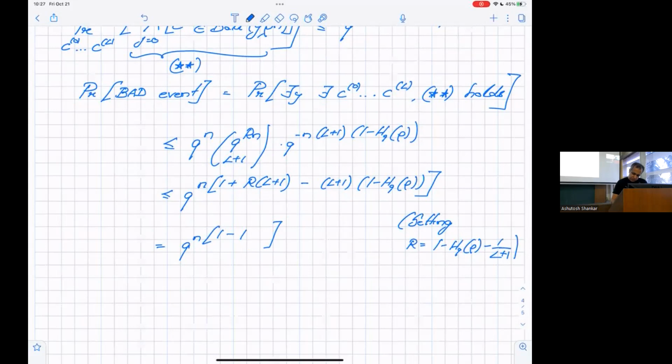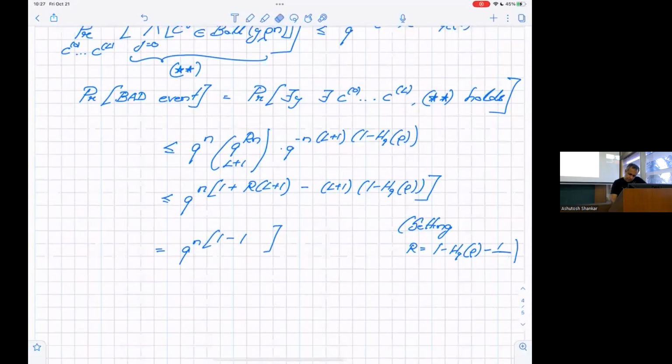So let's choose R to be 1 minus H_q(rho) minus 1 by L. Anything smaller than this should have worked, and that would make this a strict inequality, so the probability is less than 1.